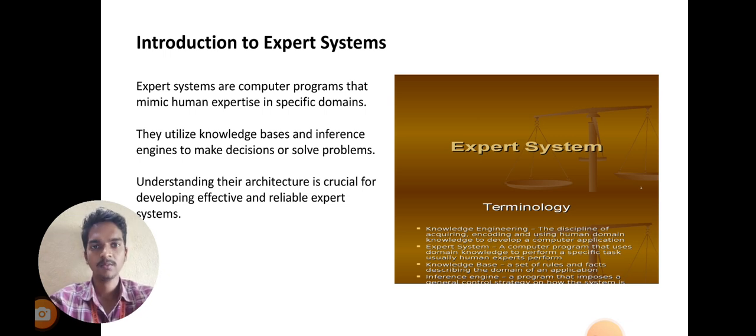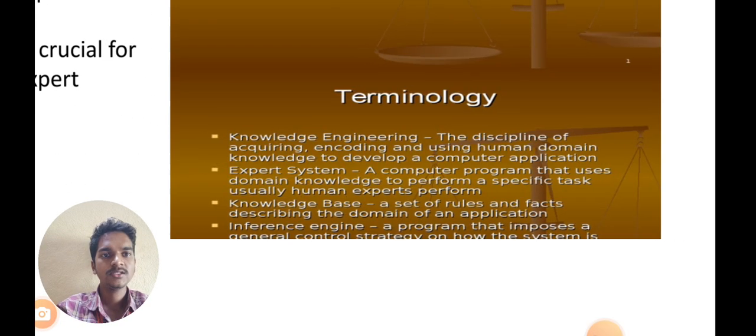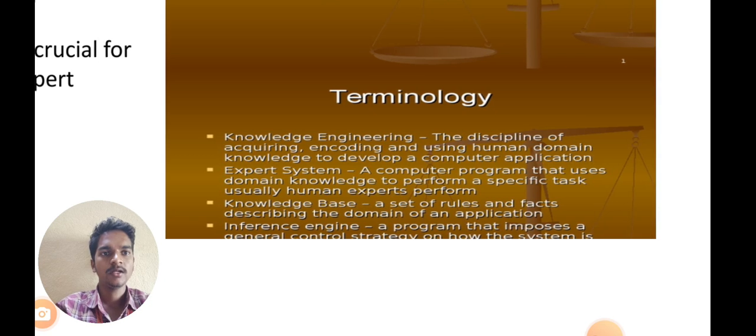Here is a diagram about the expert systems. Let us know about that. Expert system terminology. Knowledge engineering: the discipline of acquiring, encoding, and using human domain knowledge to develop a computer application.